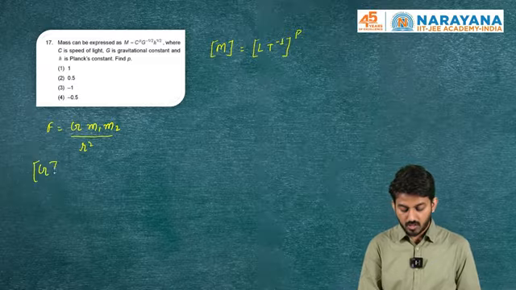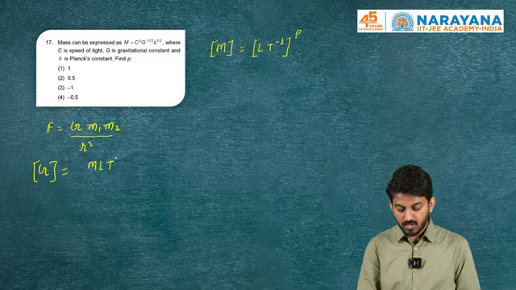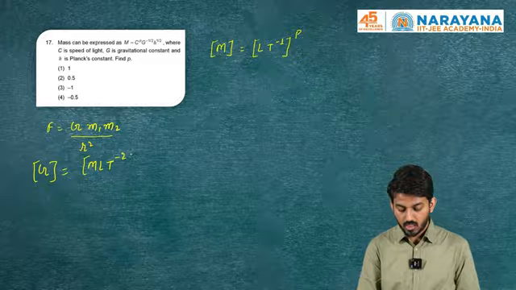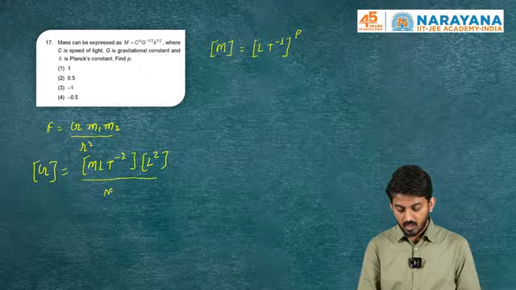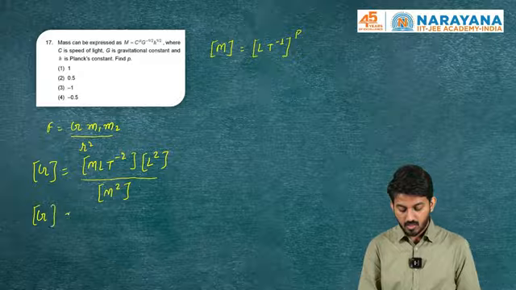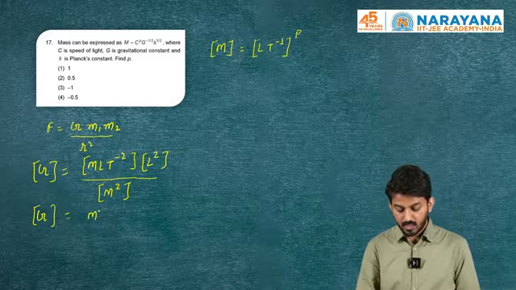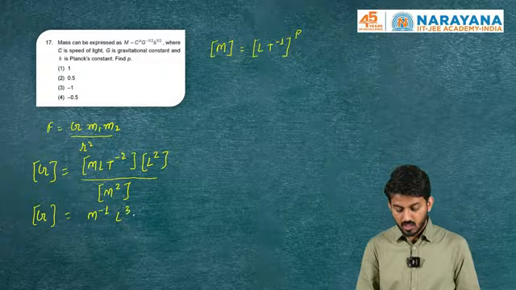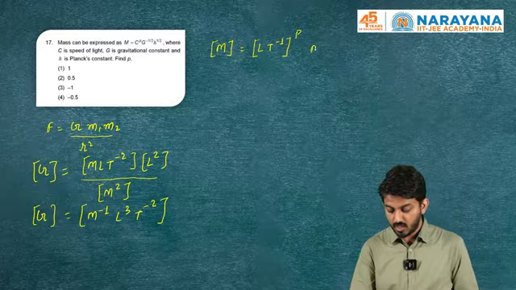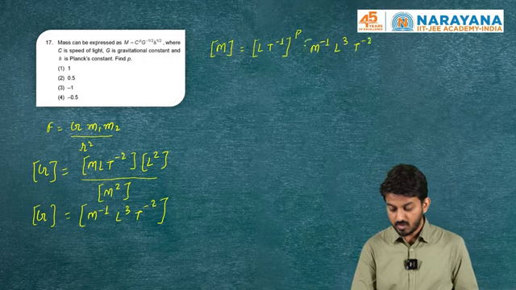So G is equal to m l t minus 2 for the force, L2 for r square, and m2 for m1 m2. This being equal to m minus 1 L3 t minus 2. So we have m minus 1 L3 t minus 2 raised to power minus half.